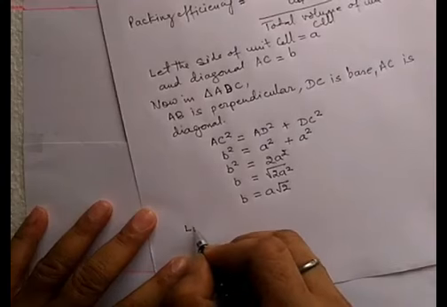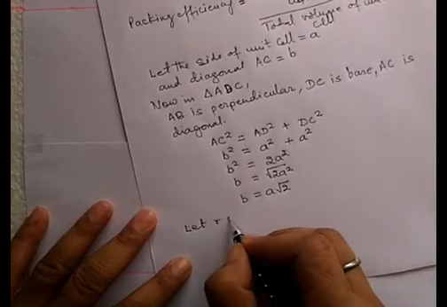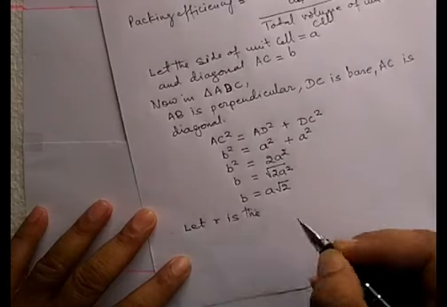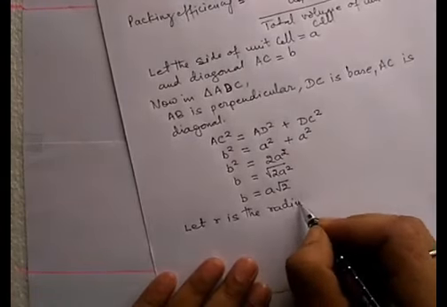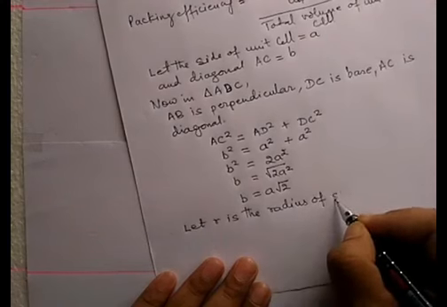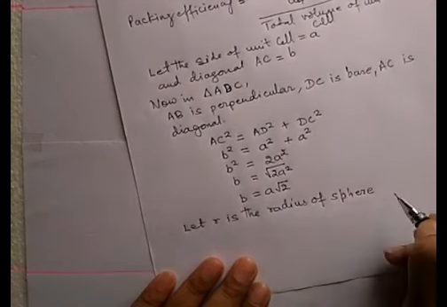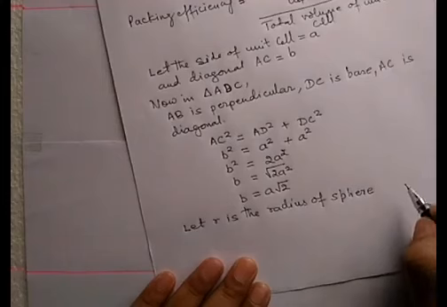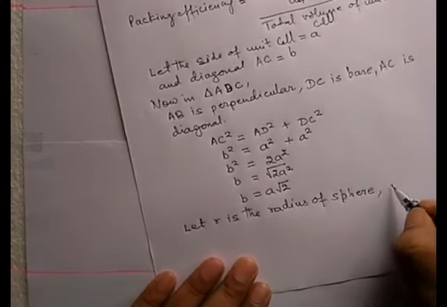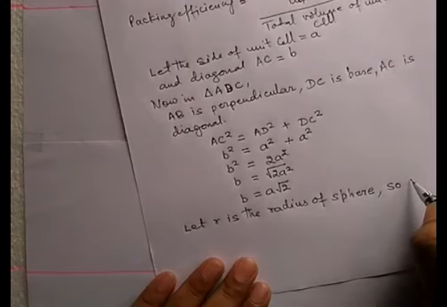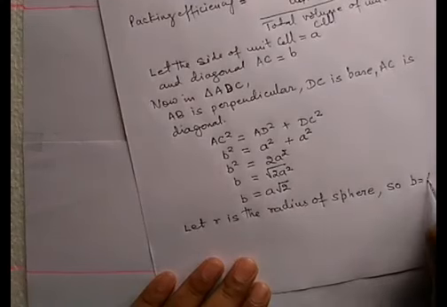Let r be the radius of the sphere. So what will happen now? B will be equal to 4r.